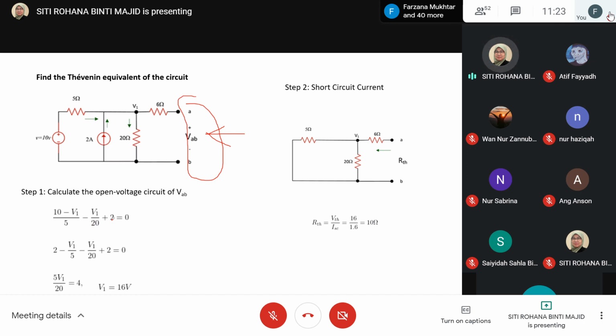From here, we have a node analysis, where we use 10 minus V1. This is the position of V. Don't say that you want to put a V here, because this one is only a source. The potential difference between these two points happens here, which is for the voltage, not for the current.